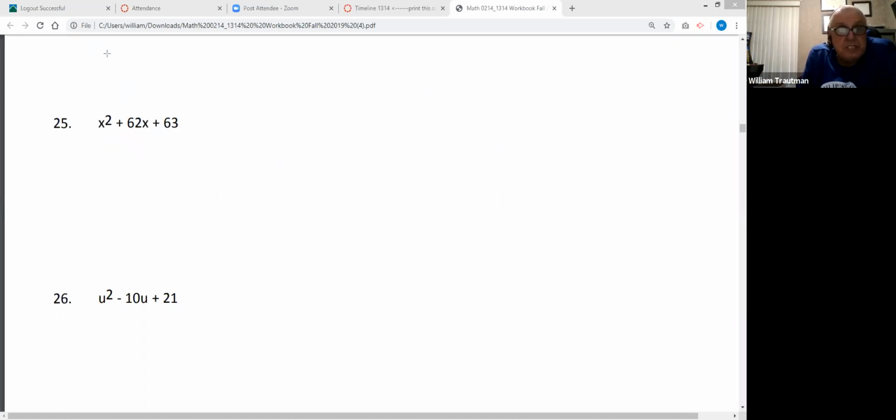Question 26. I have 3 terms. The number in front of x squared, or u squared in this case, is 1. 21 is 1 times 21. Also 21 is 3 times 7. When I add or subtract one of these, can I get 10?